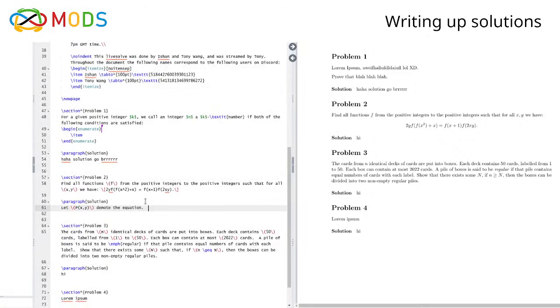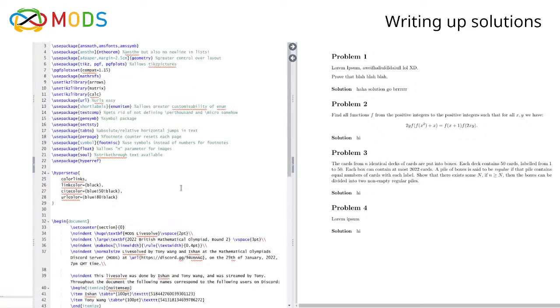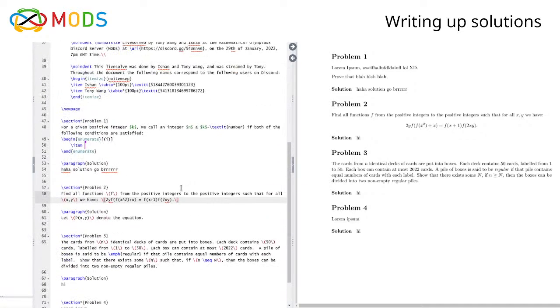Okay, nice. And you can even do short labels. I'll show you a trick. You can do this and it works. Wow. That's why I have the short label option. Oh, that's crazy.